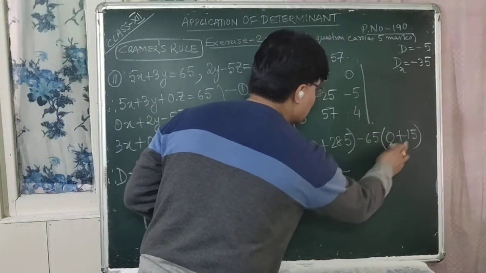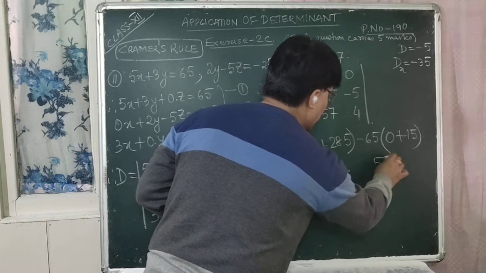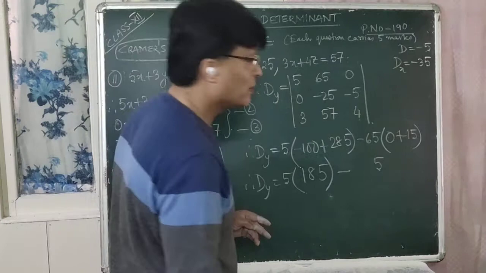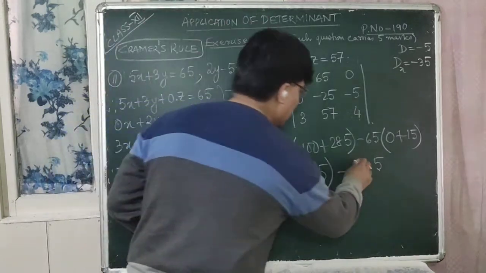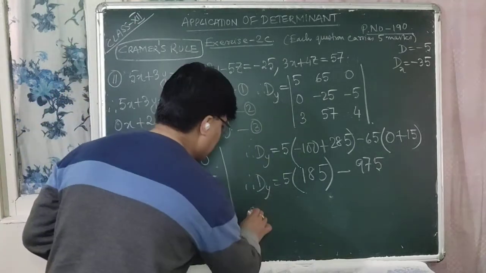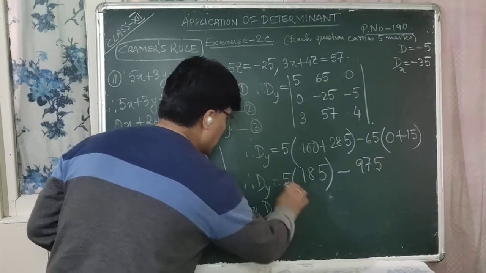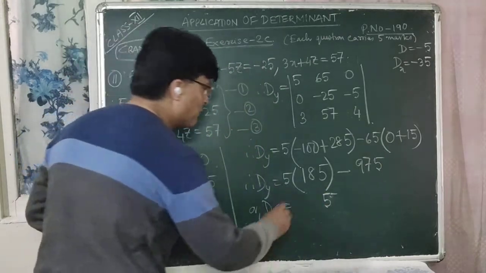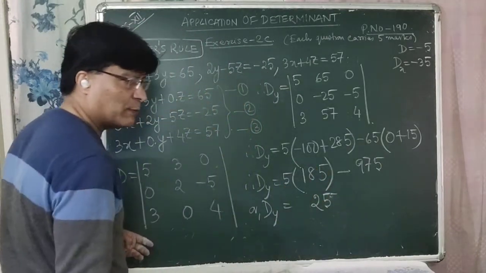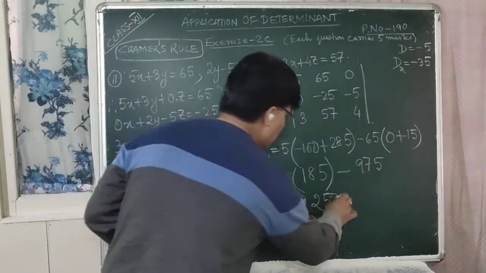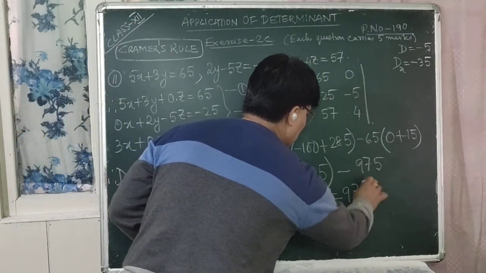Minus into plus is minus, 15 5s are 75, right? 15 6s are 90, 90 plus 7, 97. Or dy is equal to, now multiply by 5 here, 5 5s are 25, 8 5s are 40 plus 2, 42, 5 1s are 5 plus 4 is 9, 925, minus what?